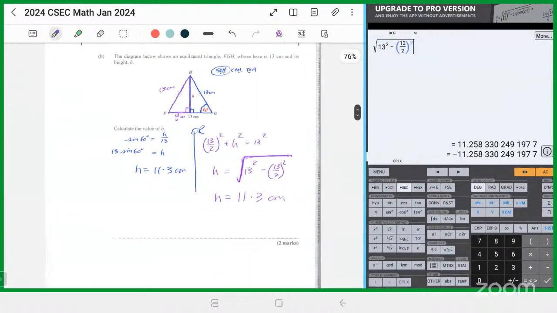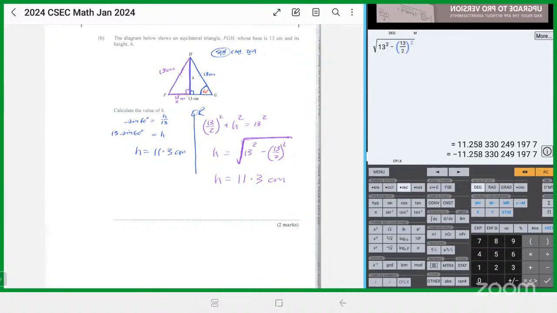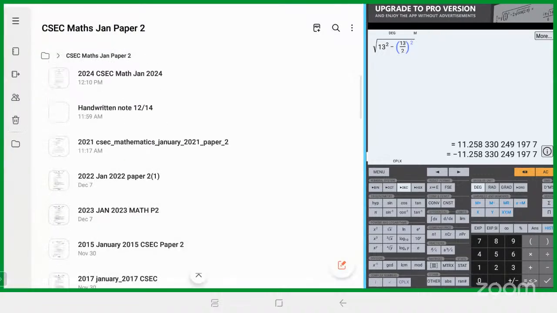All right, let me look again. Which other paper did I give you? Let's try May 2014. See if there's any on there. May 2014.